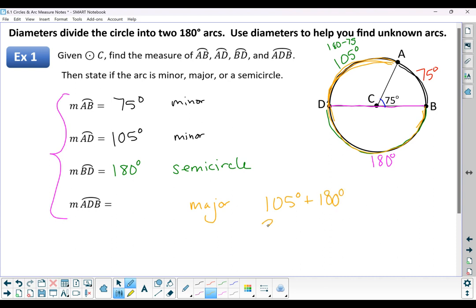The other way is to think about that the whole circle is 360 and we're just leaving off that 75-degree piece. So both of those ways are valid ways for calculating the measure of arc ADB. Just whichever one occurs to you. Sometimes if you're stuck though, we forget that we can use subtraction. So keep that subtraction idea in the back of your head for if you're stuck on a problem ever. All right, so this was 285 degrees. Whether we add it or subtract, we get 285.